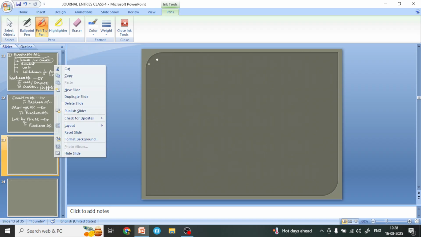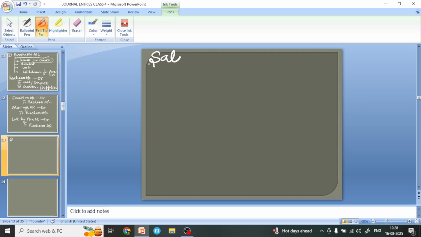Now next is sales account. When goods are sold, it is treated as sales account. Entry will be: if cash sale, then cash account debit.